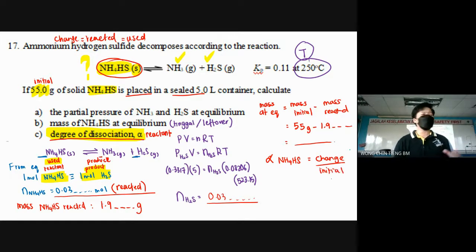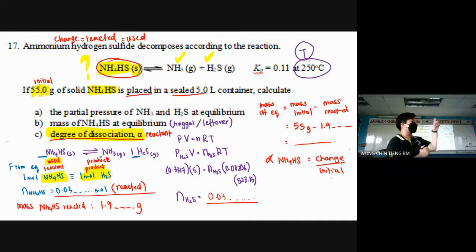I only use two words, change over initial. Saya tak letak unit, sebab dia boleh ambil pressure change over pressure initial, number of mole change over number of mole initial, mass over mass, concentration over concentration. Depends pada soalan. Kalau the entire question cerita pasal pressure, tak payah tukar balik concentration. Guna je pressure tu.